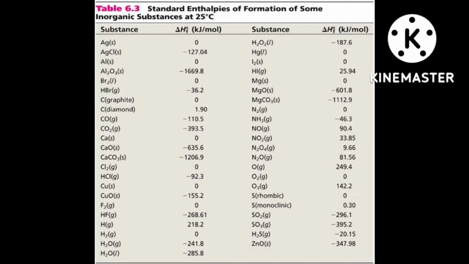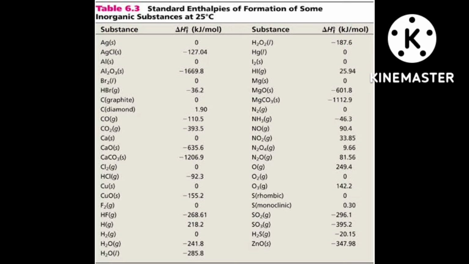Why? Because the delta H value for barium carbonate is minus 1216 kilojoule. I already told you, kilojoule per mole is the unit for heat of formation, or enthalpy of formation. Don't forget.